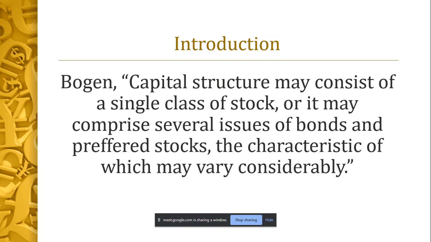Now, the capital generally is made up of either equity or debt, or it can be a mixture of both. When we speak about equity, definitely it is nothing but the equity shareholders. Speaking about the equity shareholders, it can be the ordinary equity, it can be the preference shares.